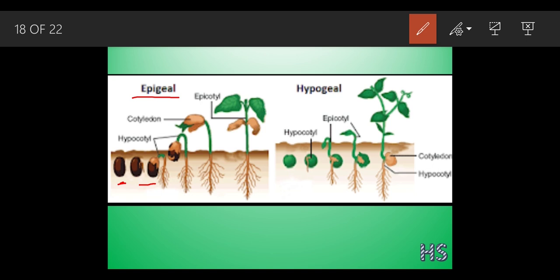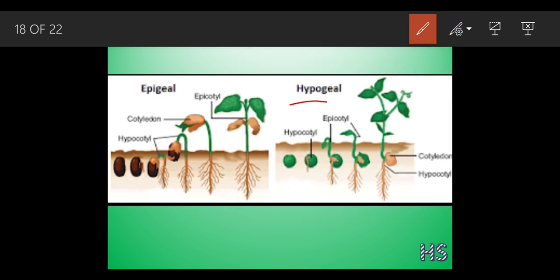This cotyledon is above the earth, we can see out here. How can we say it is above the earth? Because it is above the surface. C means the cotyledon. So that is why it is called epigeal germination.